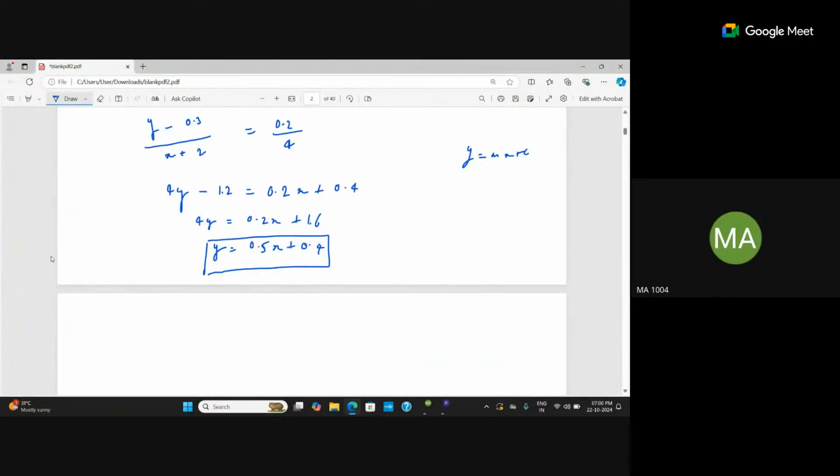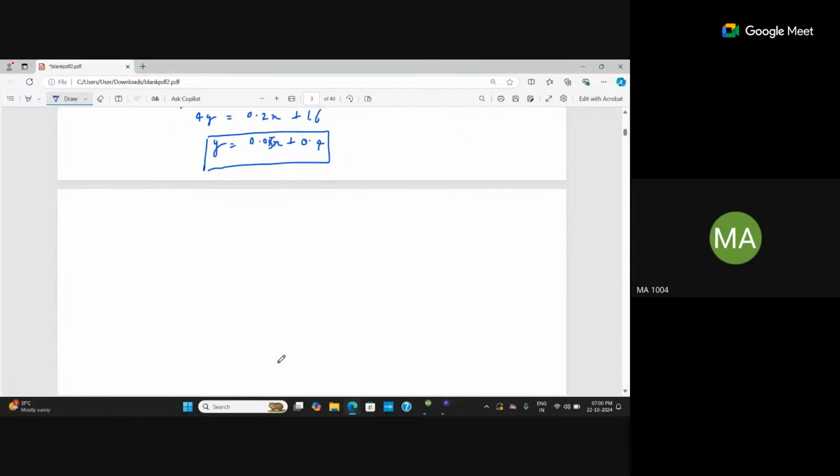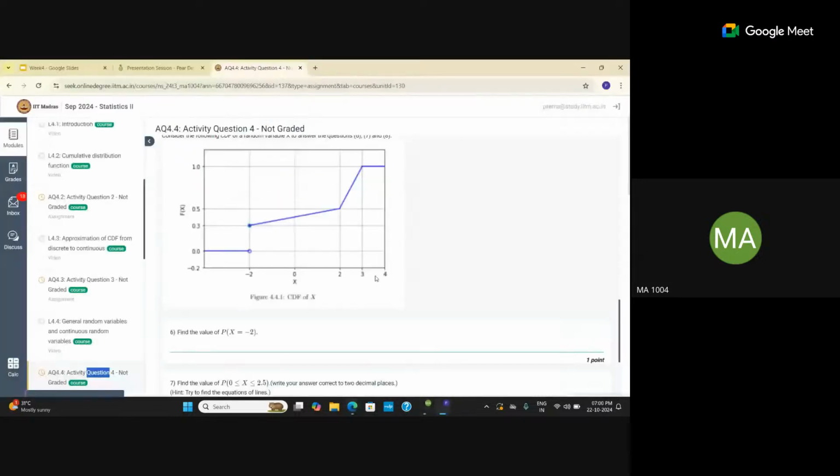Yeah, sorry, it will be 0.05. Now find the equation of the second line similarly. So what are the points here? The points are 2 comma 0.5, and this point is 3 comma 1. Now find the equation of this line.